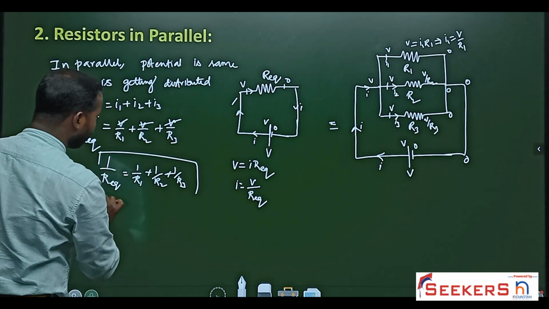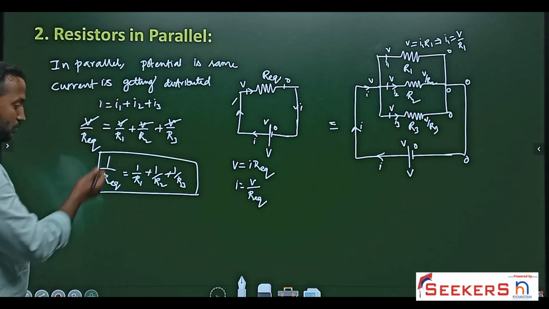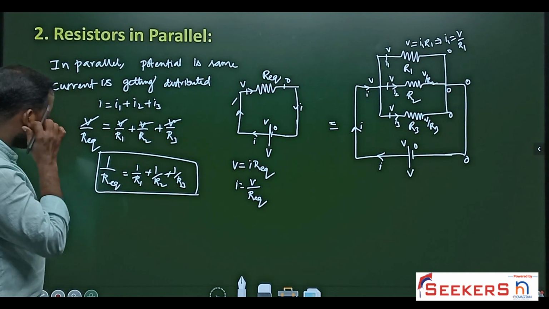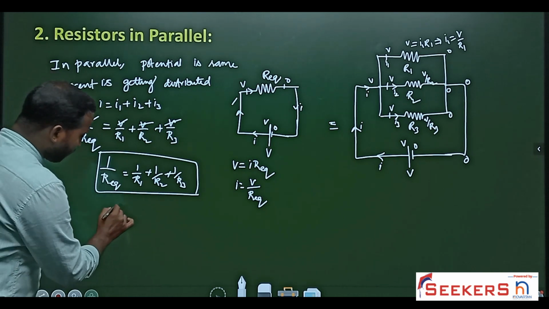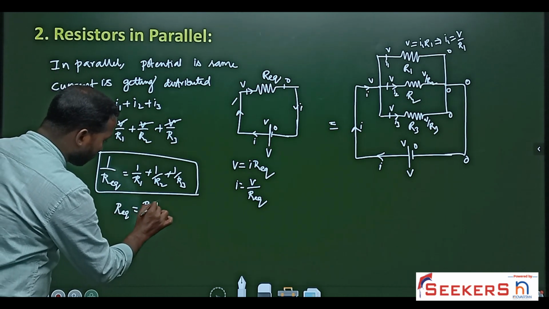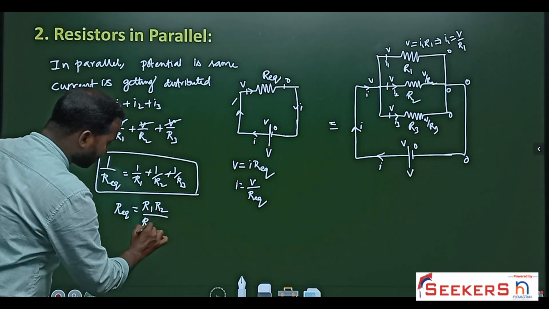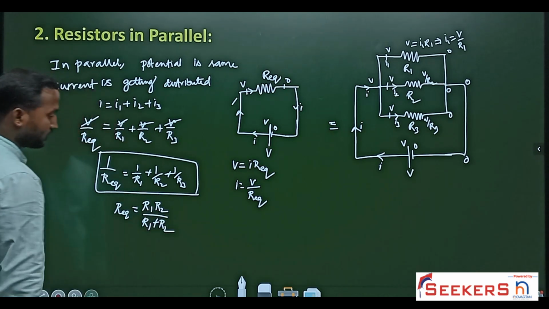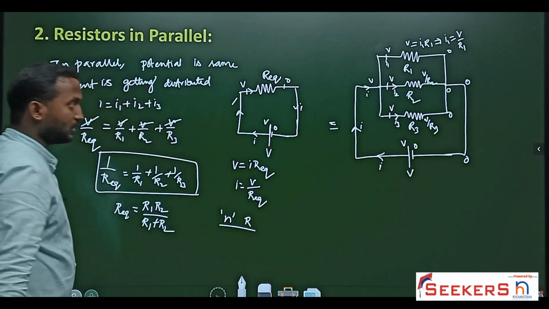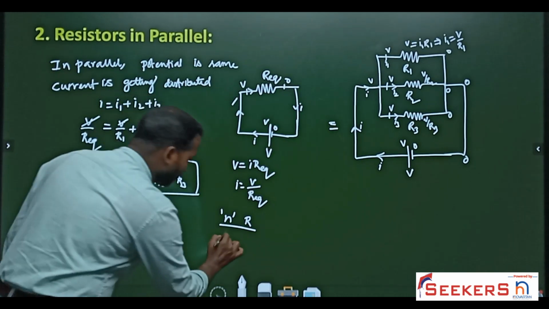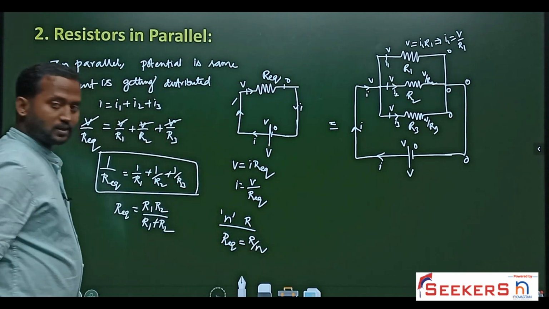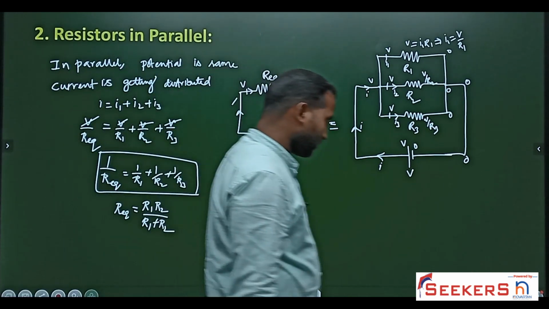If there are n resistors like this, then it is 1 by R1 plus 1 by R2 plus 1 by R3 and so on up to 1 by Rn. That's your 1 by R equivalent. If you have only two resistors, then R equivalent can be written as R1 R2 by R1 plus R2. Now assume n resistors of equal resistance R connected in parallel, then the equivalent resistance will become R by n, right? That's all about your resistors combination.